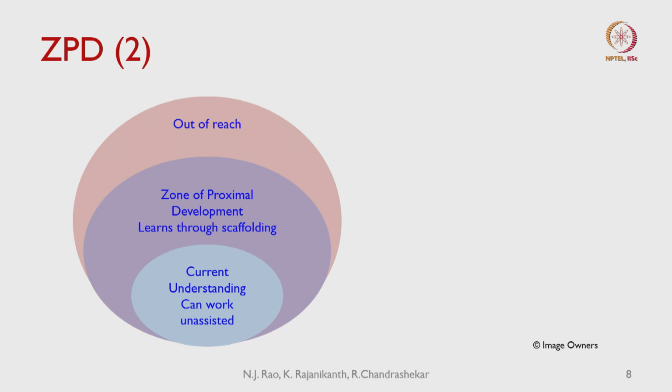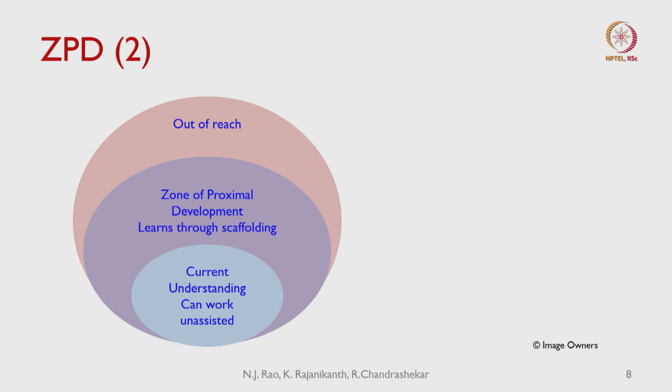If you see the outermost zone, that is out of reach. Right now, given the present level of capability or competency of the learner, she will not be able to reach that outer zone even if help is provided.